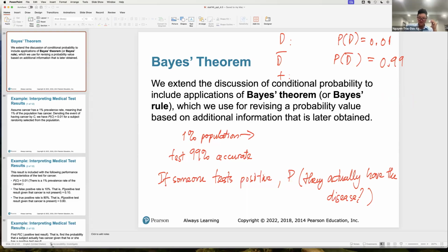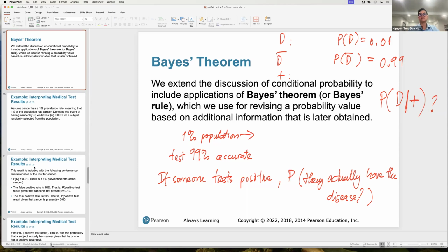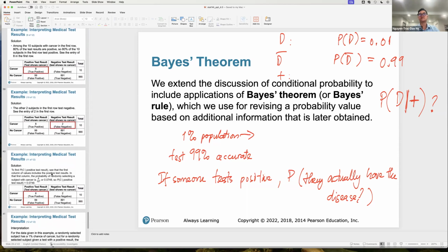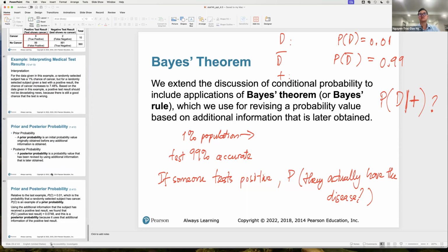So we need to find the probability that the person actually has the disease given that they have a positive test. Okay, this is what we need to find. Now let me show you the formula for the Bayes theorem, and then we can apply that formula to find the result.